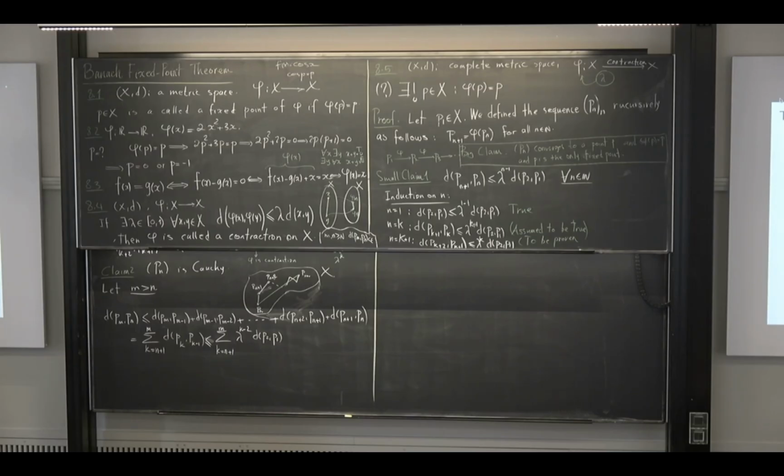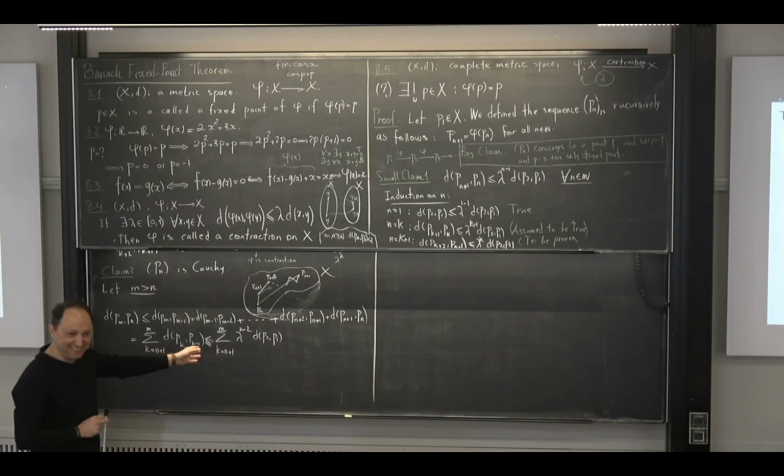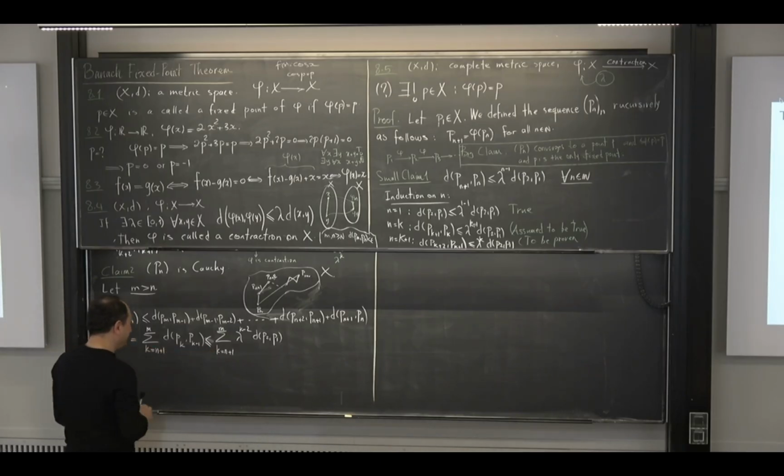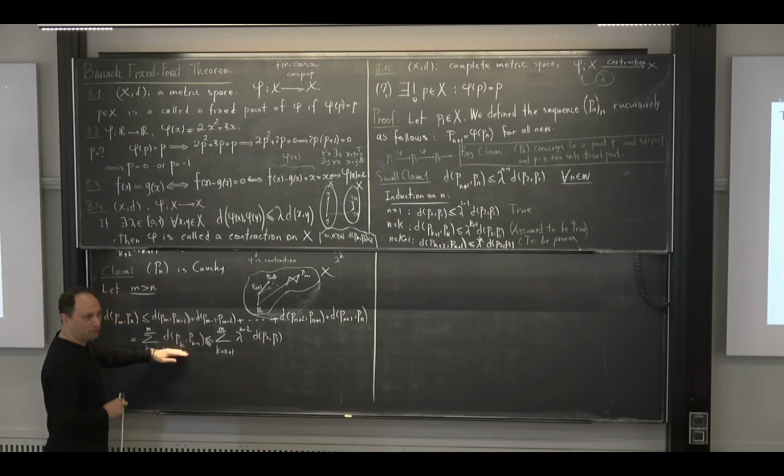Let me double check everything. Yes, it seems everything is right. Do you agree with me or not? I think you are so tired that you will believe whatever I say now. So think about it. I have written this in the form of sigma, and I double checked that it's correct, hopefully.